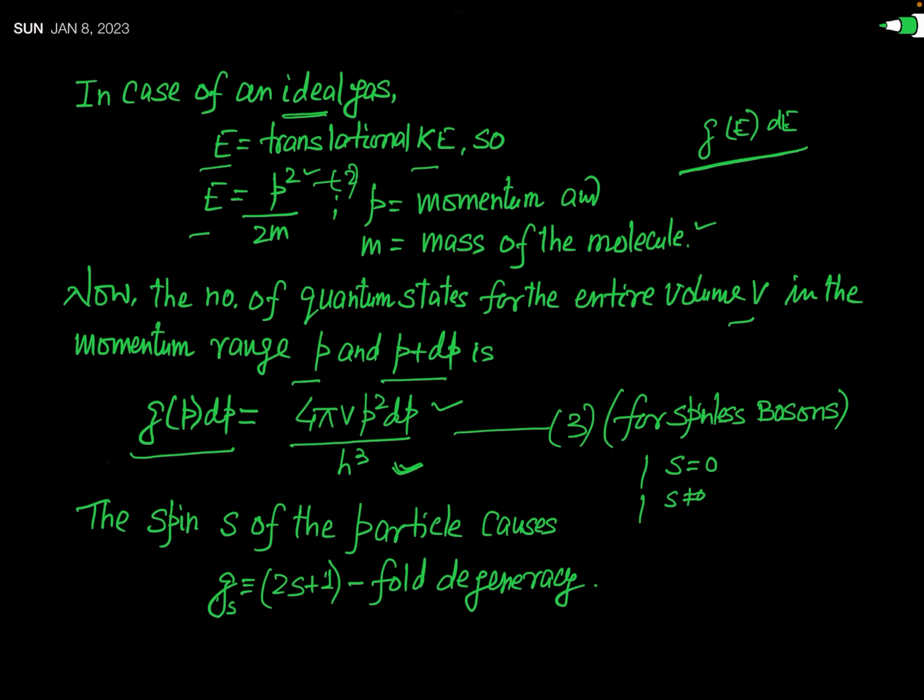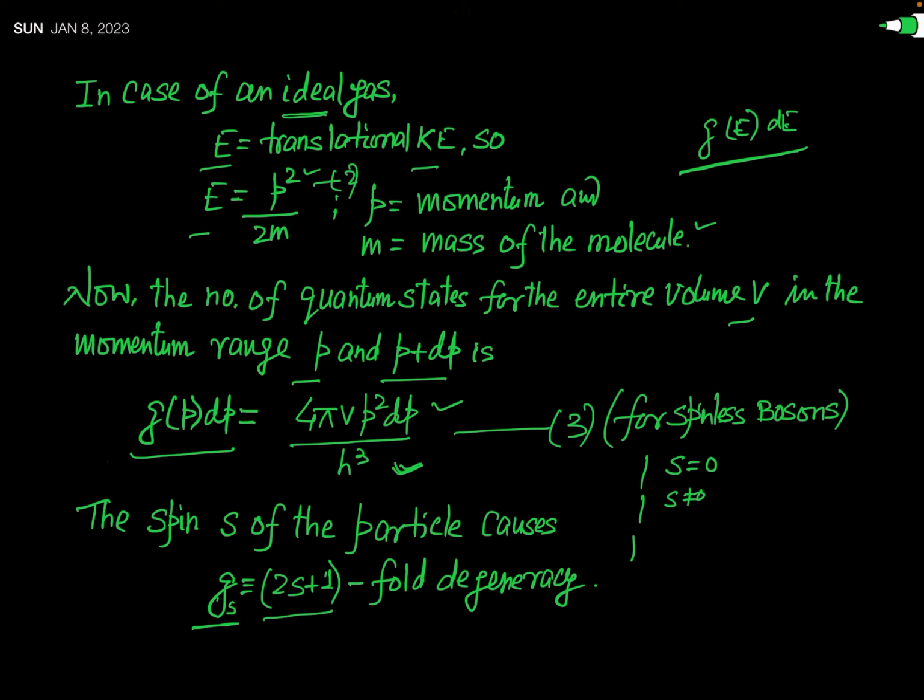how many spin states, and the different spin states represent different quantum states. You know that if s is the spin quantum number of a particle, then the spin degeneracy, denoted by the symbol Gs, is given by 2s plus 1. So for a given value of s, the system has 2s plus 1 spin quantum states.